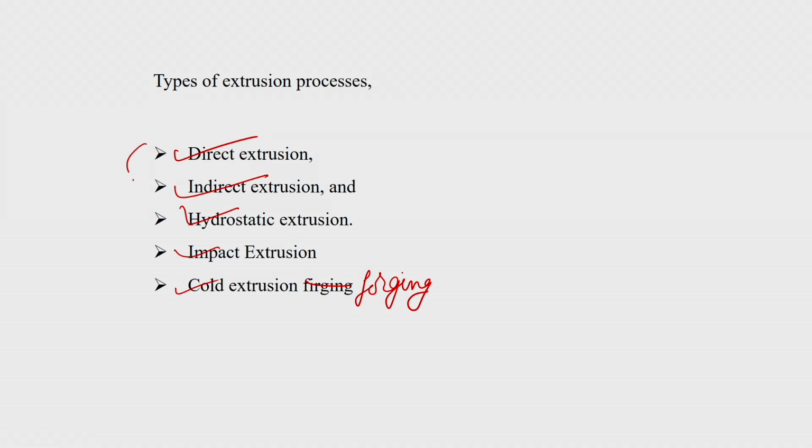Out of these, three are widely used. Impact extrusion, though it was used, is now not finding much use, but it is a very fast way of getting very thin components, tubes basically. And cold extrusion forging is also not used extensively, but still it is used for some small pieces under special conditions.